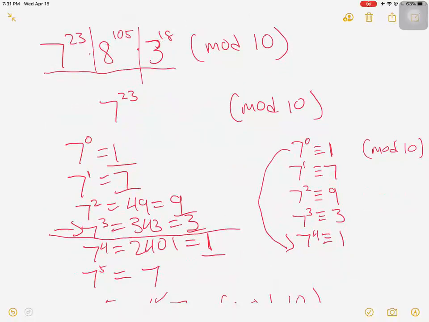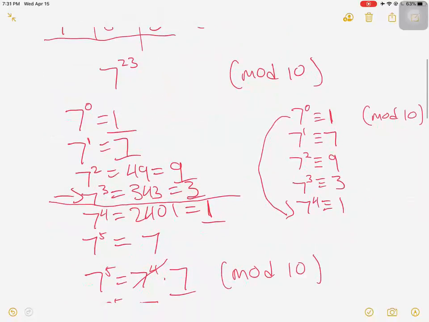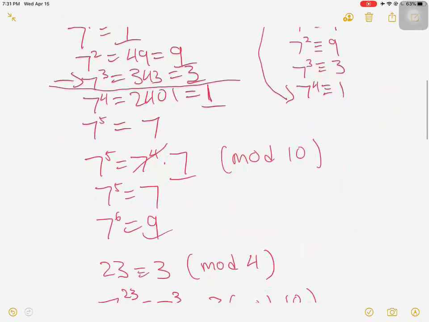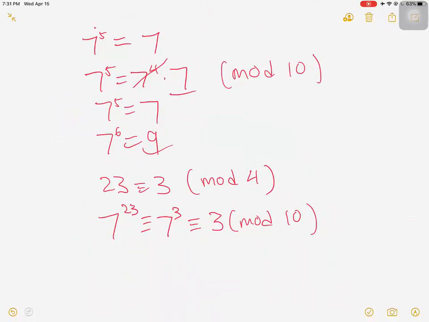So I'm just going to tell you that these exponents always cycle in a cycle of 4. So basically, we just have to see which number of the cycle this number corresponds to.